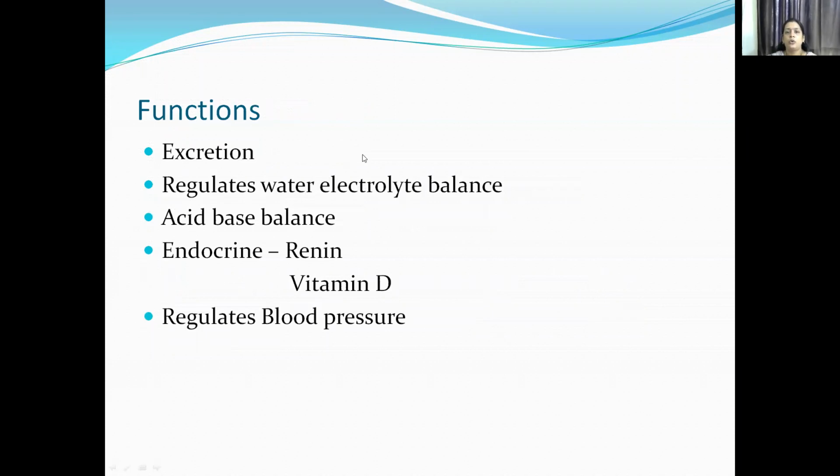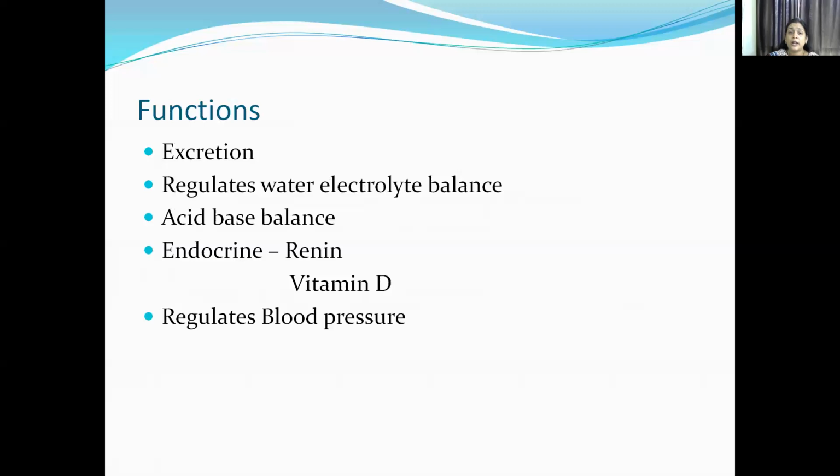The kidney, we know, is a major organ which helps us in the excretion of unwanted waste materials in the form of urine. If there is excessive waste accumulating in the body, that will form toxins and then cause various systemic effects. It regulates water and electrolyte balance, because I told you the proximal convoluted tubule and all the tubules and the glomerulus help in the filtration, and then they reabsorb the water.